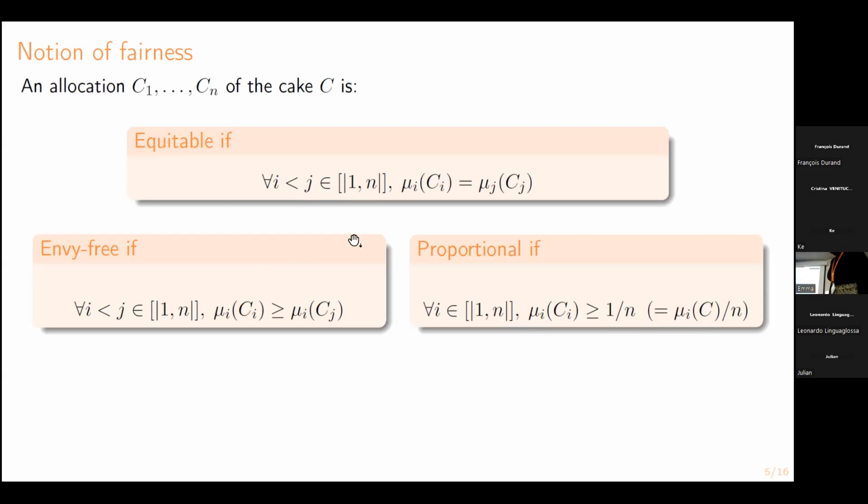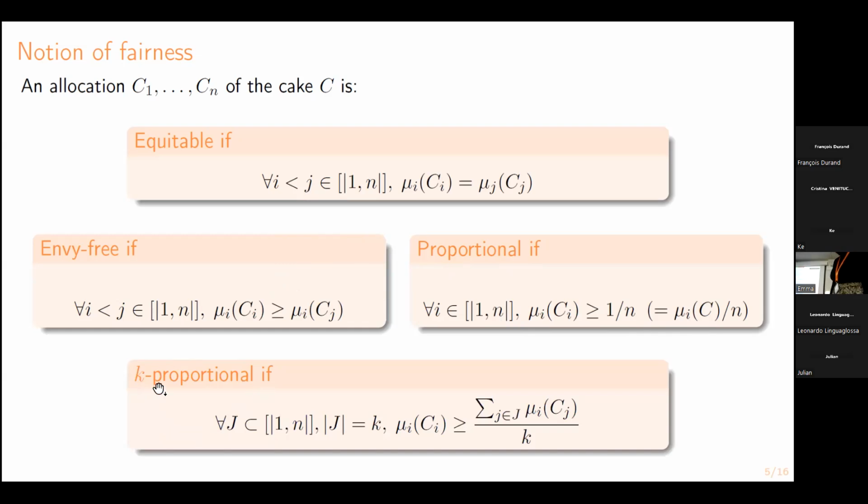And I put those next to each other because there is another notion, which is k-proportional, which we will see encompasses those two notions. This is when you have a set of agents of size k, and the utility I assign to my piece of cake is greater than the average utility on this particular set of agents k.